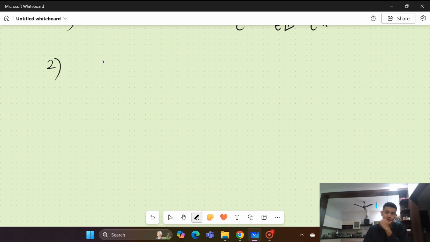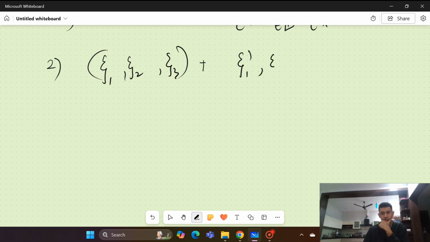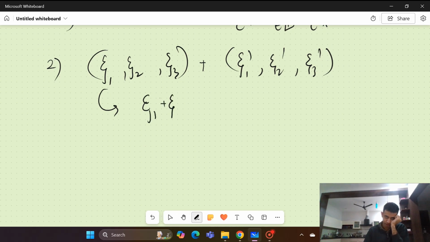In condition 2, we again assume a concrete element G1, G2, G3, and we assume another one G1 dash, G2 dash, G3 dash. If we sum these up, we get G1 plus G1 dash, G2 plus G2 dash, G3 plus G3 dash.